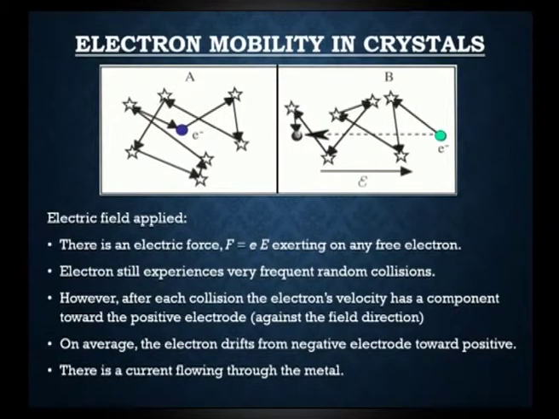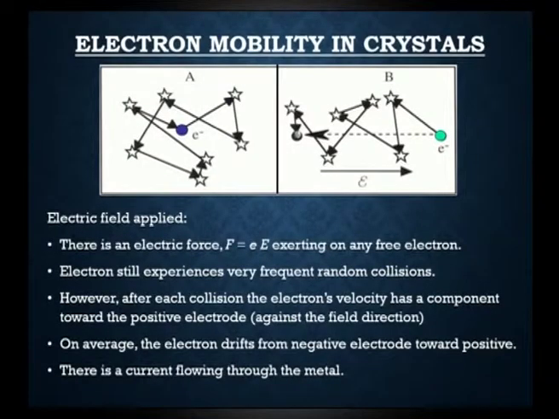Without an electric field, the motion of the electrons gives 0 current, but when we apply the electric field, the electrons move toward the positive direction, and on average the electron drifts from the negative electrode towards the positive. So the characteristics change with and without the applied field, and here there is a current flowing through the metal.